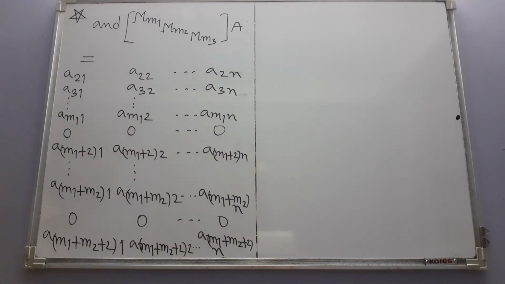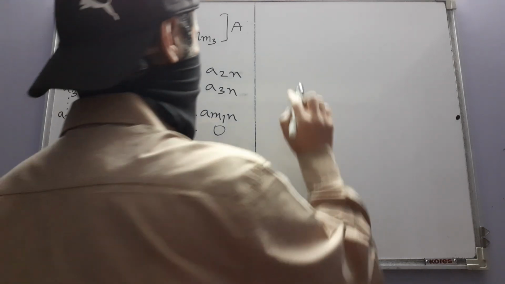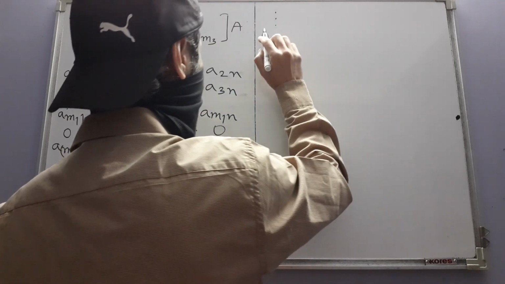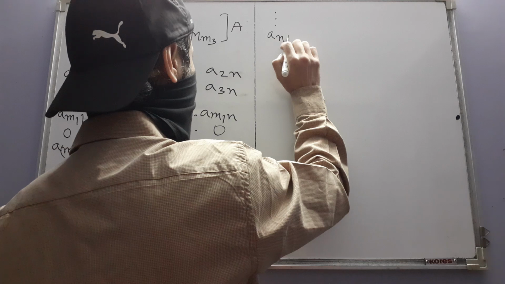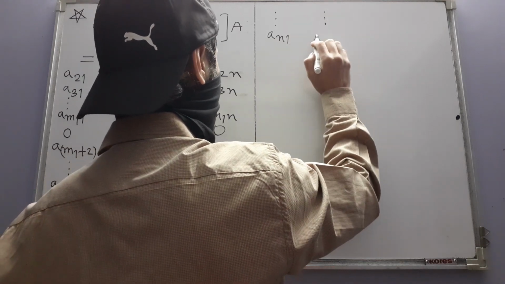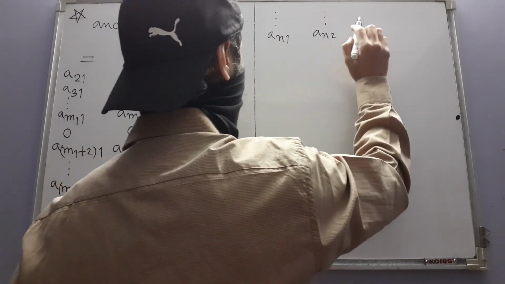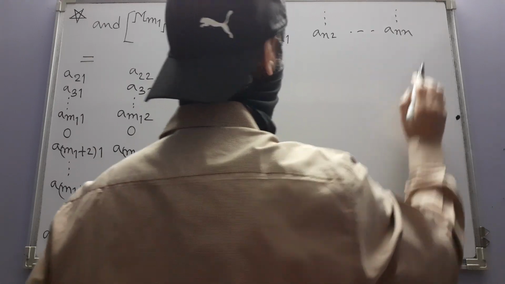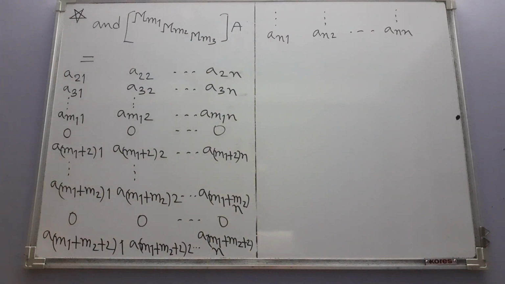But then it continues even after that, and eventually reaches this stage A n1, A n2, A nn. However, that's not the last row.